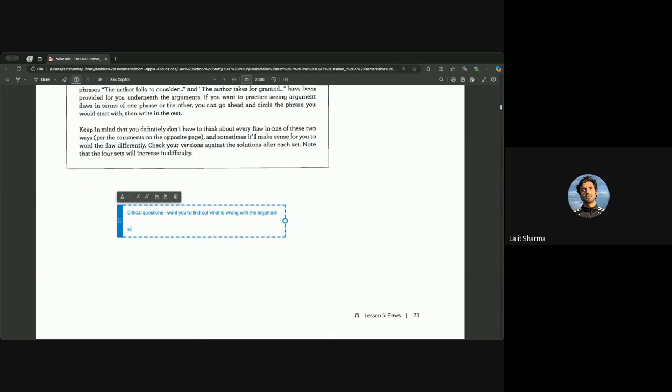And examples are, you can name them too. Which ones do you think are the critical questions? I don't know how many of them you know off the top of your head, but which ones would you say are critical questions?